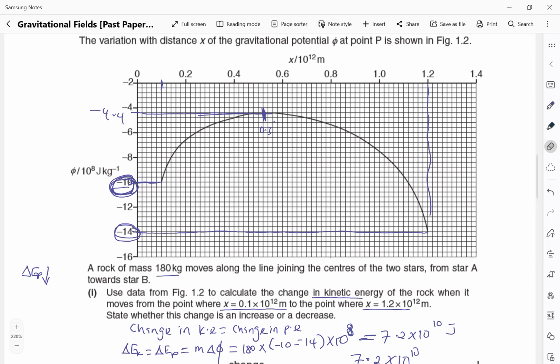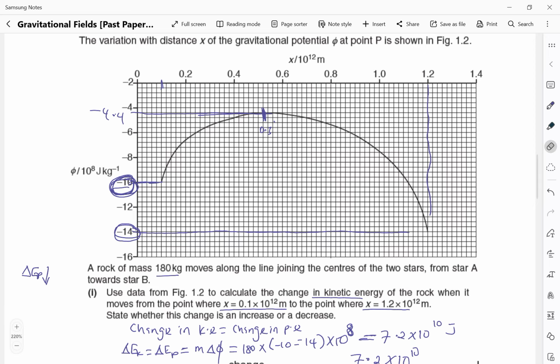So the kinetic energy decreases to a minimum value at about x equals 0.5 times 10 to the power of 12 meters. After x equals 0.5, we notice that the potential now decreases from -4.4 down to -14.